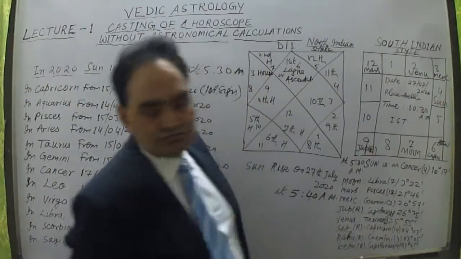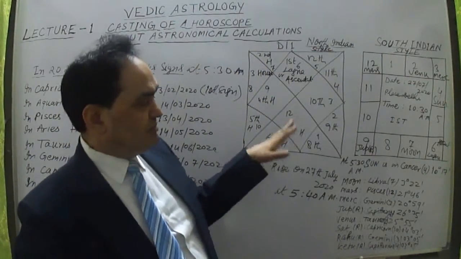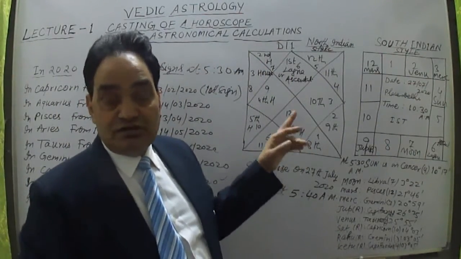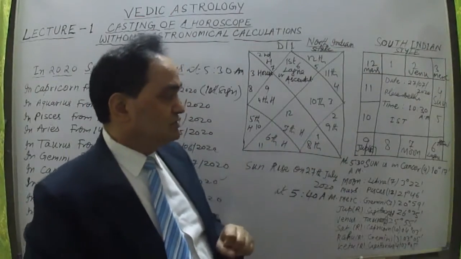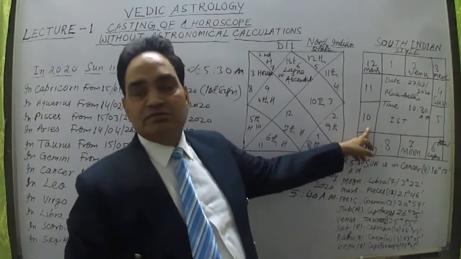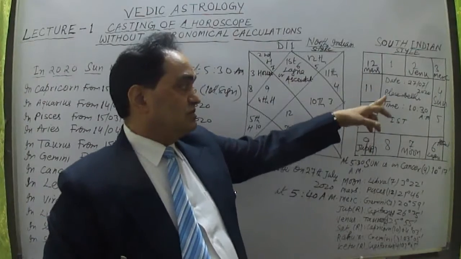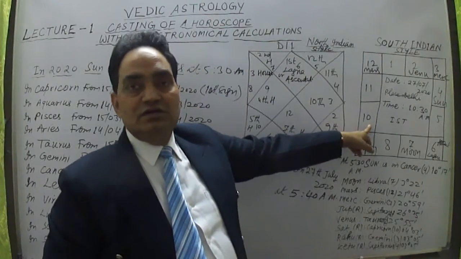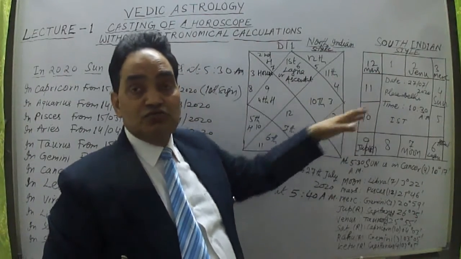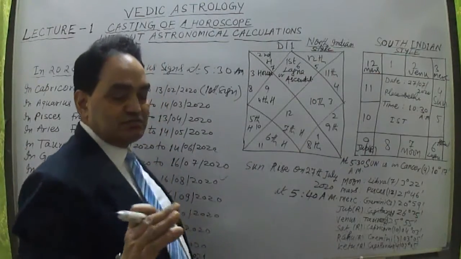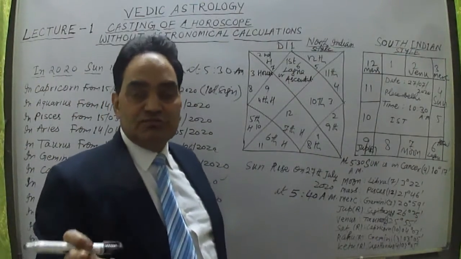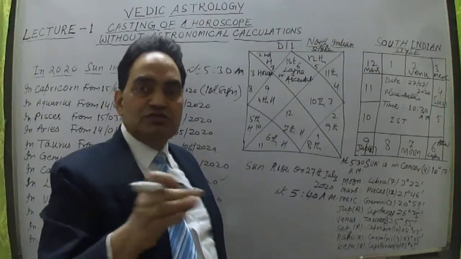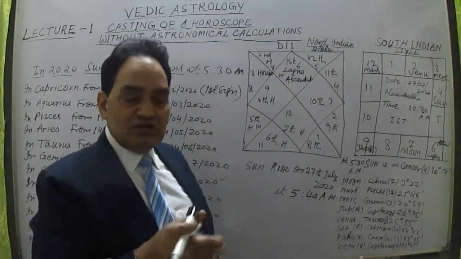Jupiter is six houses away from Sun, so it is retrograde. Here Saturn is in the 7th house from Sun, so Saturn is also retrograde. If Saturn, Jupiter or Mars is in the 5th to 8th house from Sun, then they are retrograde.